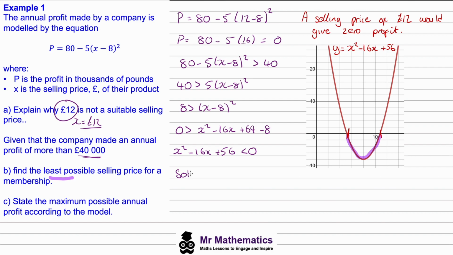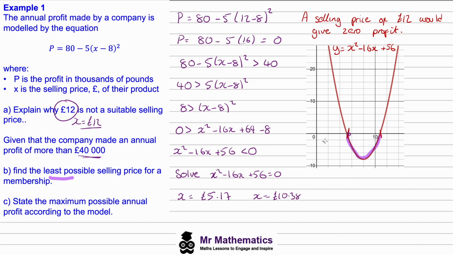So if we solve x squared minus 16x plus 56 equals 0, we can do this using the quadratic formula. We get x is equal to £5.17 and x is equal to £10.83. So we can mark each of these on our graph.